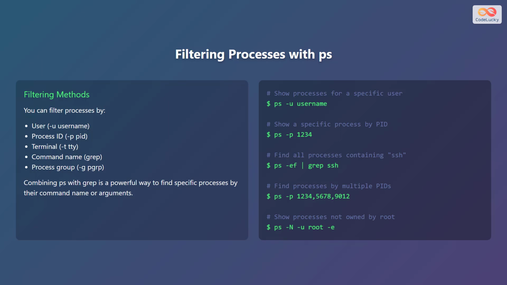To show a specific process by PID, use the command ps -p followed by the PID. To find all processes containing ssh, use the command ps -ef | grep ssh. To find processes by multiple PIDs, use the command ps -p, followed by a comma-separated list of PIDs. To show processes not owned by root, use the command ps -N -u root.